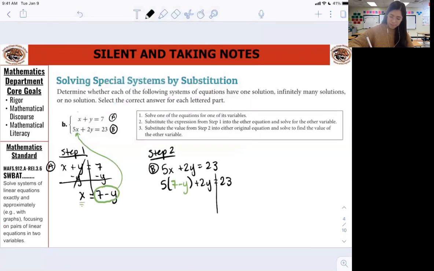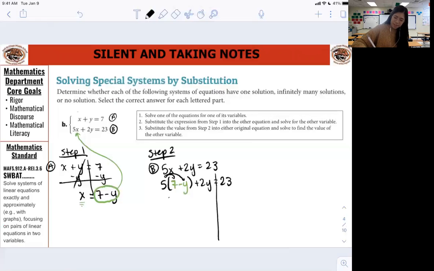Now what? Distribution. Good. So I'm going to distribute. 5 times 7 is? 35.